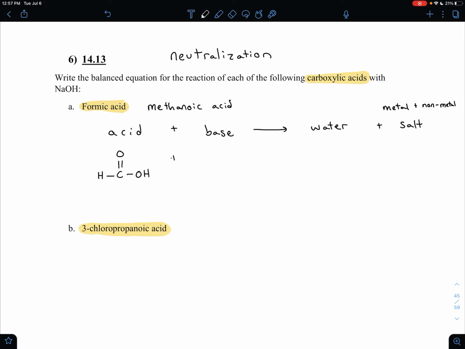We're going to combine that with our base, which they give us, sodium hydroxide. Do you remember the hydroxide, OH, being a base in chapter 10? We often talked about H plus or H3O plus and OH minus. These were sort of shorthands for acids and bases, right? What's really significant about them are the charges.